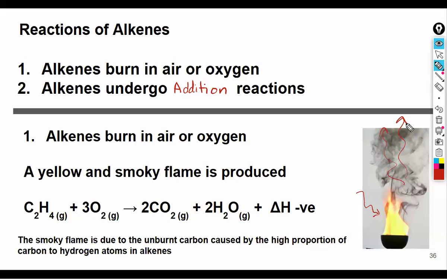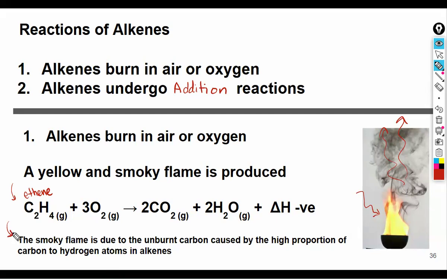For a gas tank, you're not going to put an alkene in it, because when you buy the gas and you light it, you'll get a whole lot of smoke in the kitchen. You only put alkanes in cooking gas, not alkenes. And this here is the balanced reaction. Here we have ethene, and you add oxygen and you get carbon dioxide and water vapor.